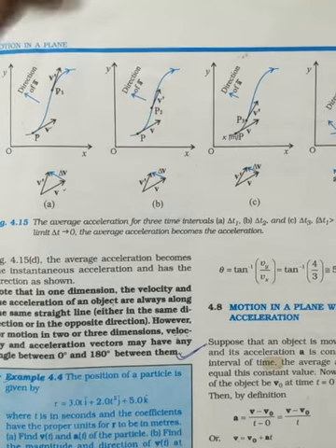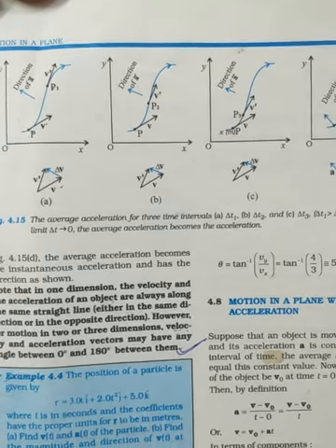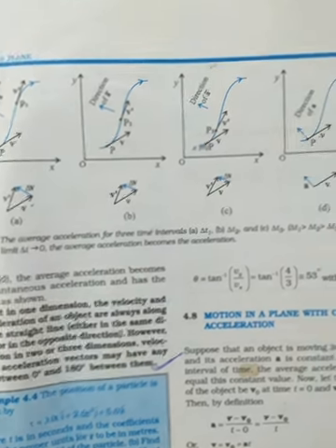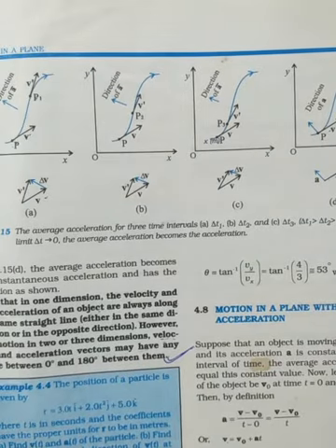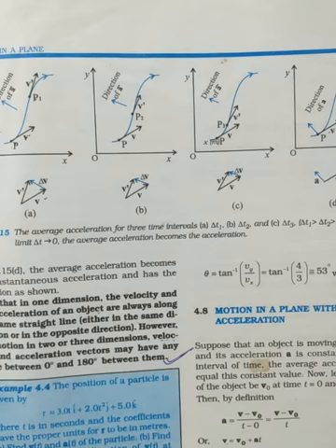Now to discuss the instantaneous acceleration, I am taking the help of the NCERT book in front of you, and these diagrams are available on page number 75. So it is much easier for us to discuss these graphs.